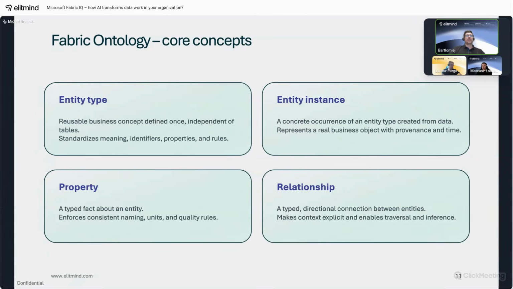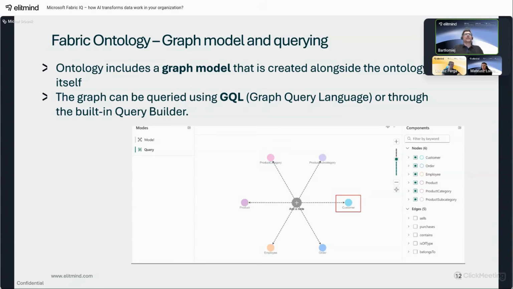Yes, so we can now move to the next slide. This is the graph model that I mentioned. It's created together with the ontology, and it allows us to display our entities and relationships between them in the form of nodes and edges. Both the nodes have names defined by us, to be company specific and to provide a business-friendly convention, and also the edges, which describe the relation.